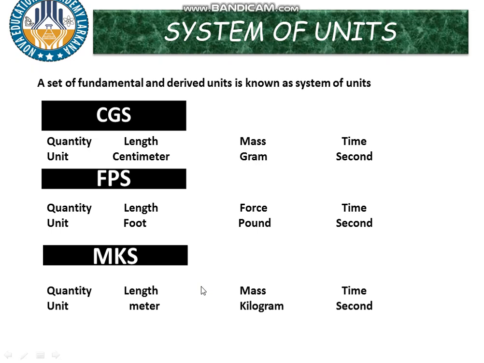Next is the MKS. In MKS, the three fundamental quantities were taken: length, mass, time. The unit of length was meter, the unit of mass was kilogram, and the unit of time was second.